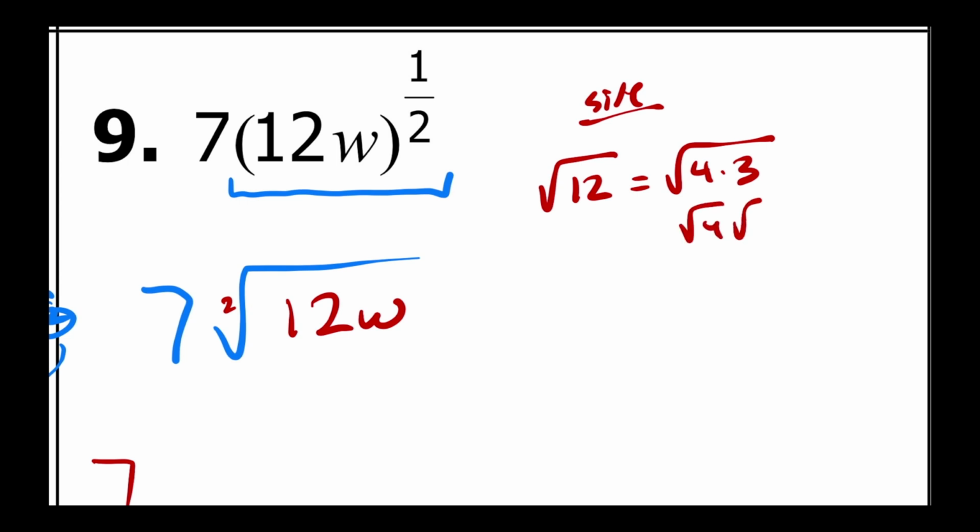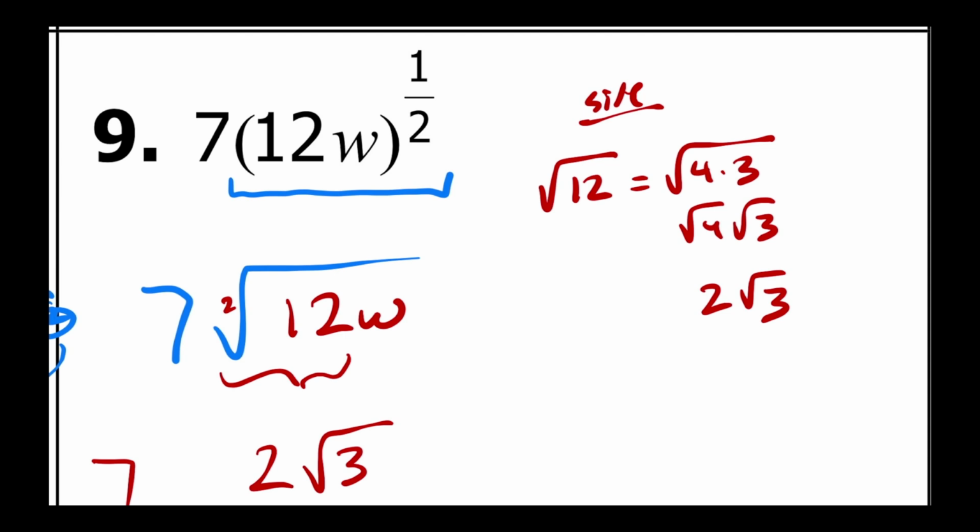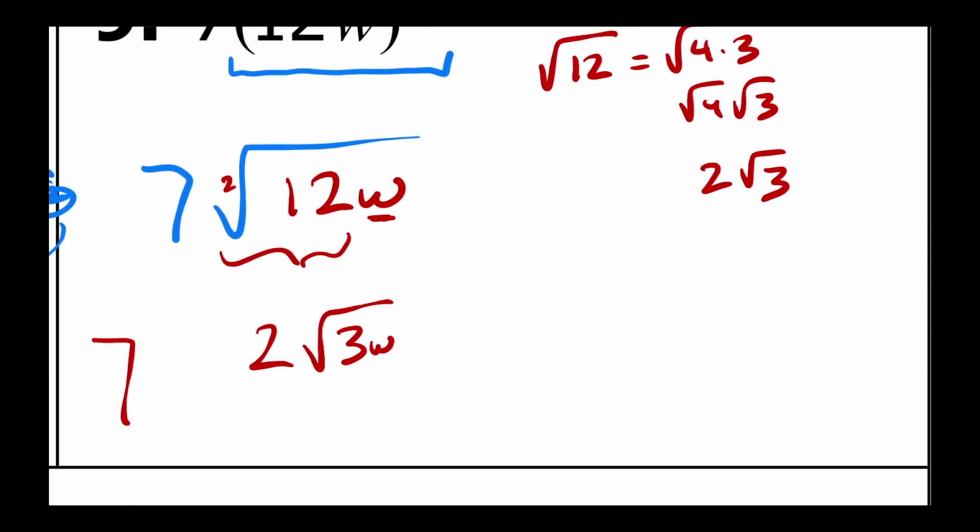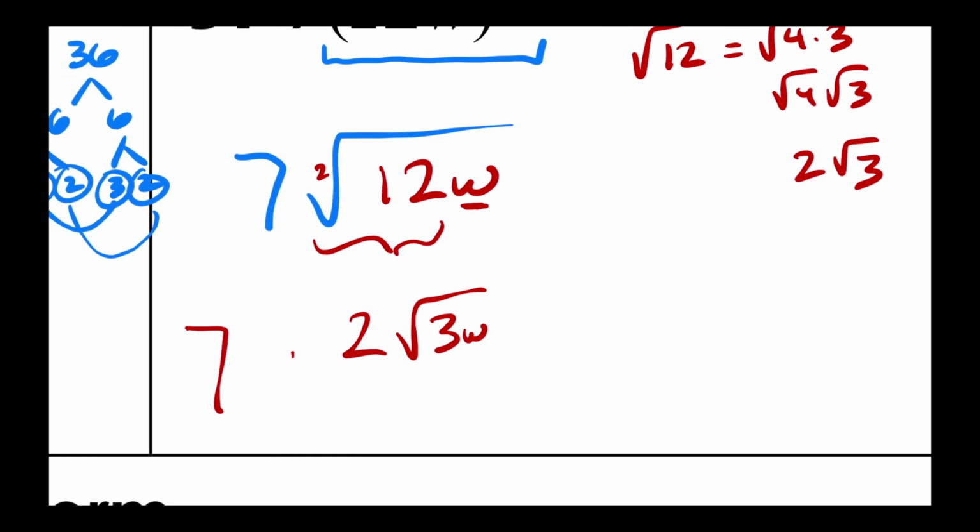Square root of 4 times square root of 3 becomes 2 square root of 3. So this part becomes 2 square root of 3. And then the w stays inside because I couldn't do anything with that. And then I still have a 7 out here, so these two multiply, so it becomes 14 square root of 3w.